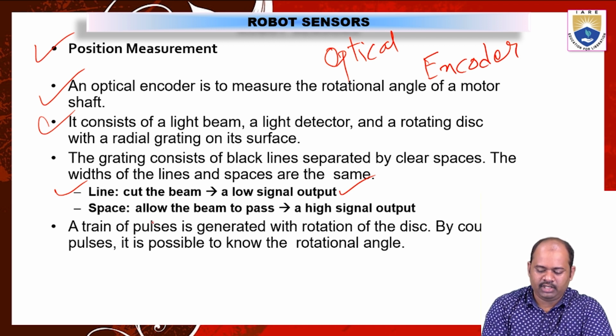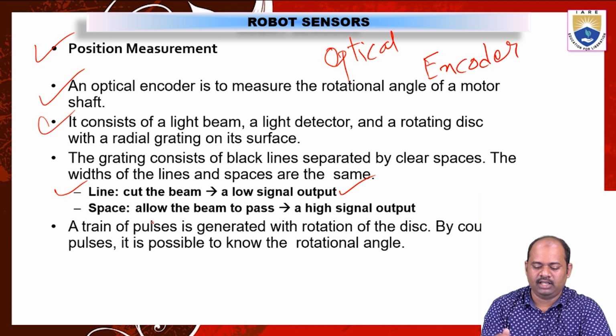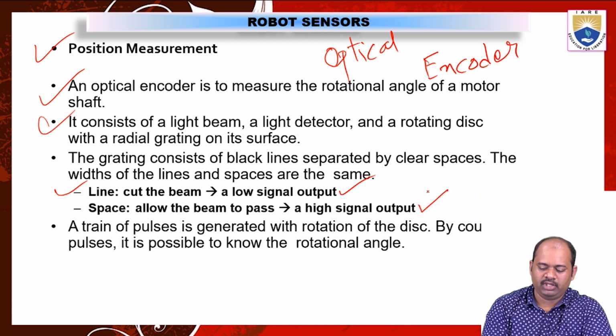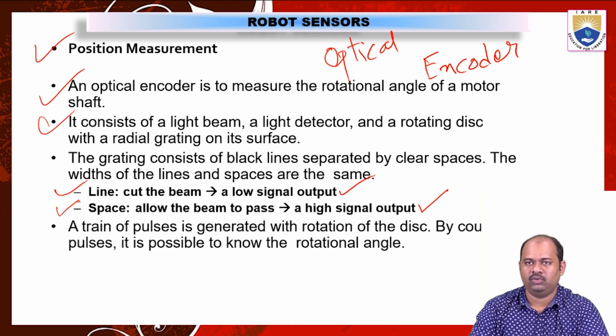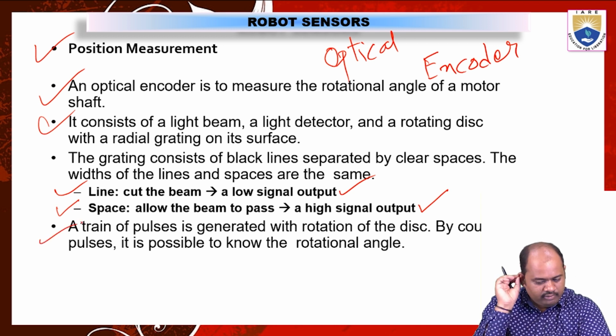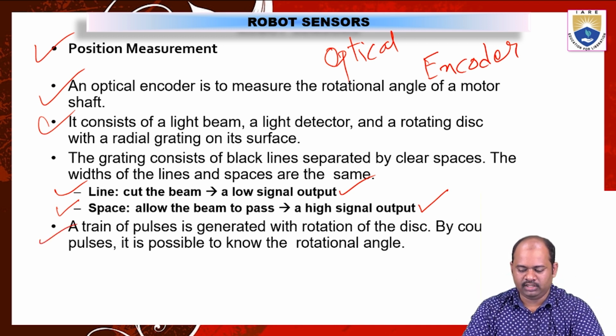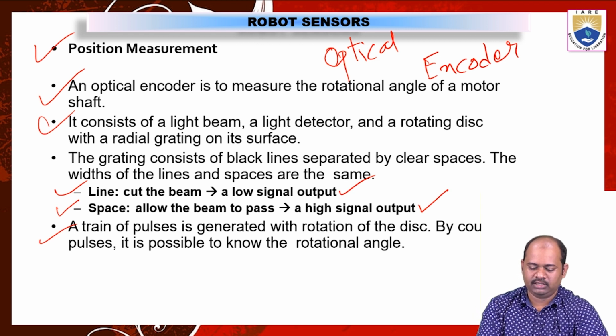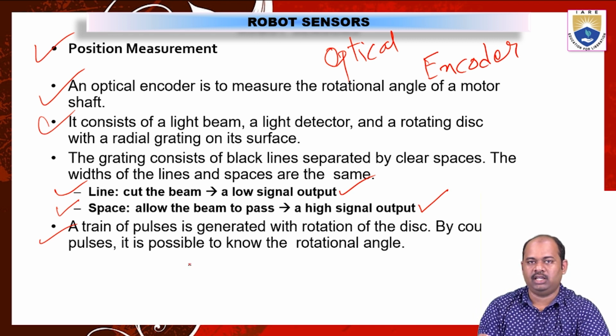And if the light is allowed to pass through the disk, we consider this a high signal output, and we get a space while encoding the signals. So a train of pulses is generated with rotation of the disk. By counting the pulses, it is possible to know the rotation angle.